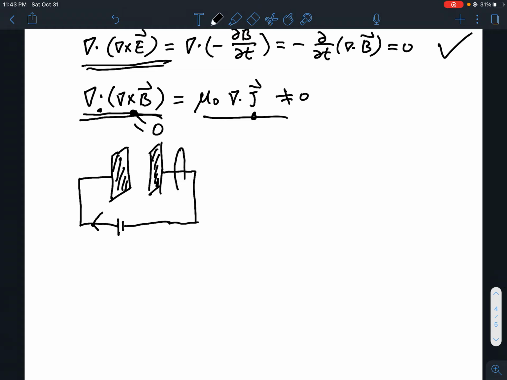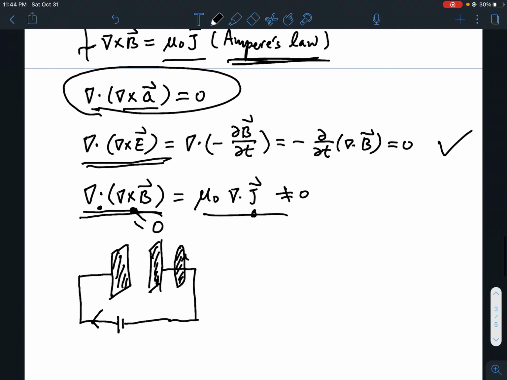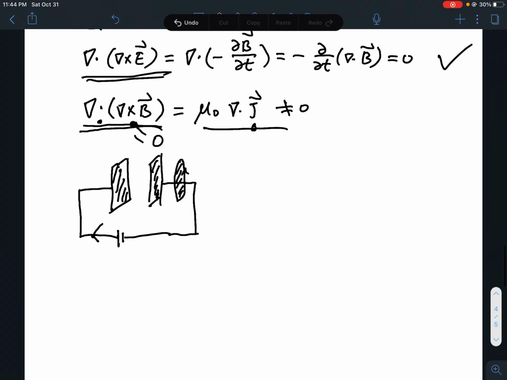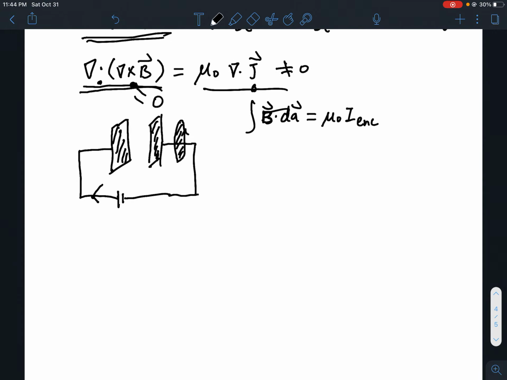If we define a surface like this, around this loop, then in principle, if we do the integral, B dot dl around the loop, it should be equal to the current I enclosed by that surface.